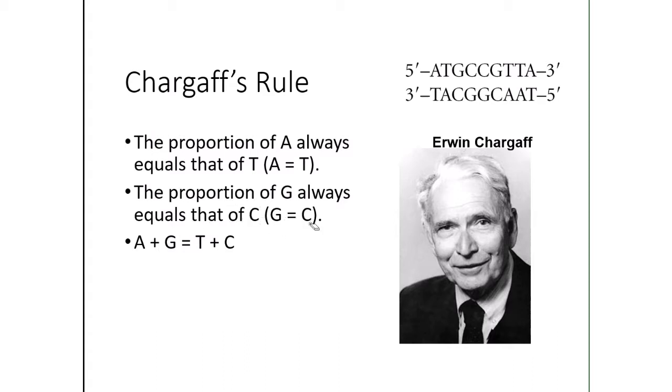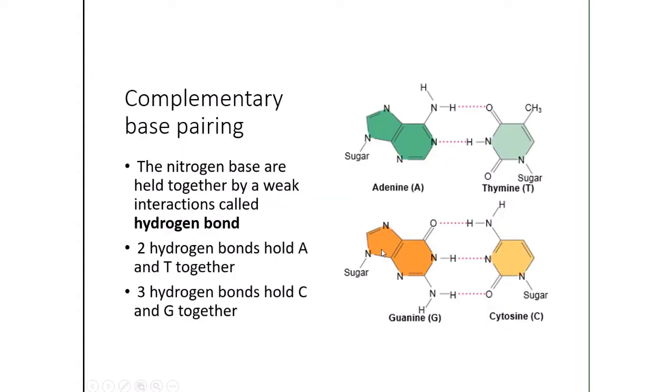And so G equals C. And then he came up with this equation: A plus G, the amount of adenine and guanine together, is always going to equal the amount of thymine plus the amount of cytosine. And that means the DNA molecule is actually complementary. So if you know one side of the strand, you can use Chargaff's rule, the base pairing rule, to figure out what bases are going to be found on the other strand.